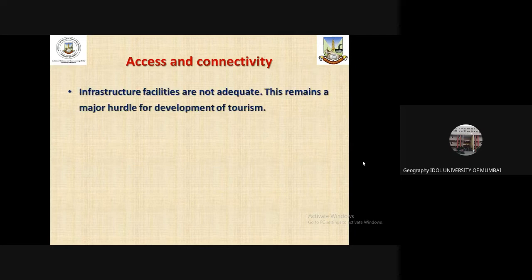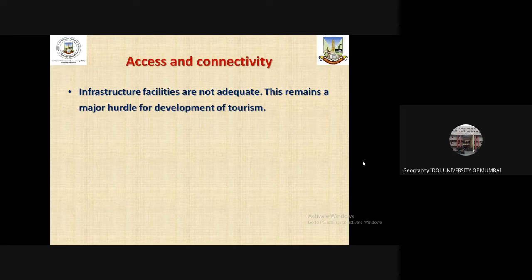The first and foremost important challenge that is responsible for the hurdles in tourism development in India is accessibility and connectivity. It is needless to say that well developed infrastructure is required for easy and comfortable travel of tourists from one place to the other.